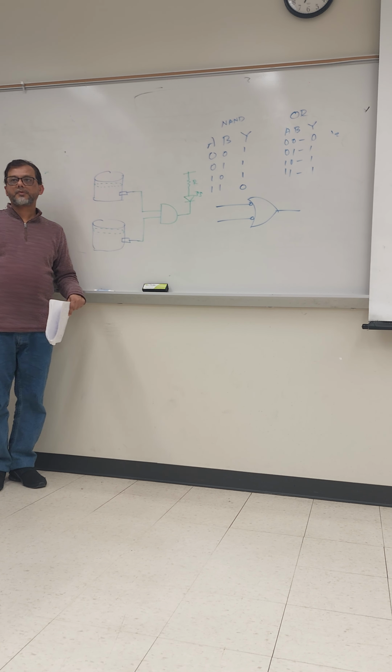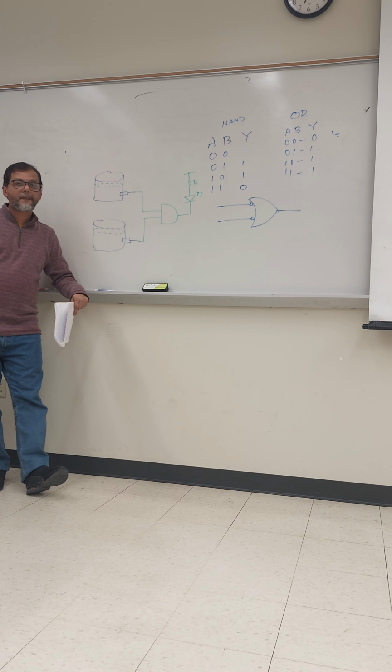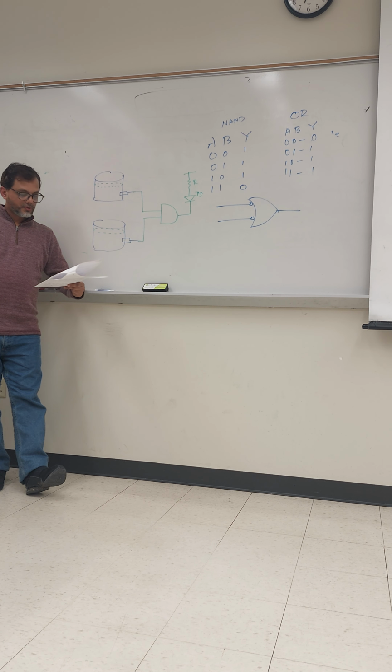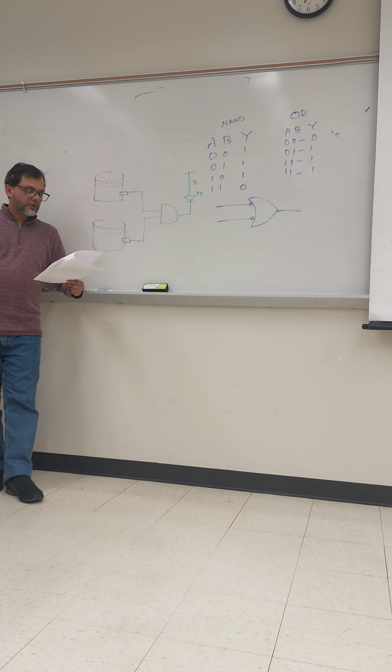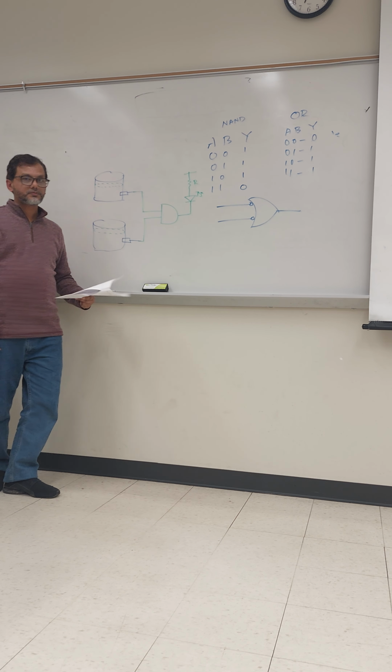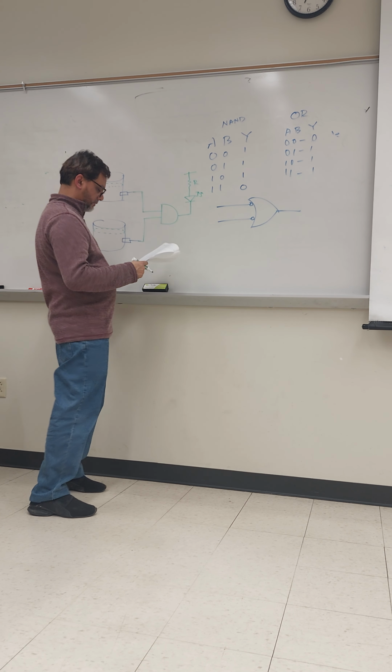This will turn on when it's 0. The sensor produces a high level of 5 volt, so when it is 5 volt, it will be turned on. So we should put the diode in.